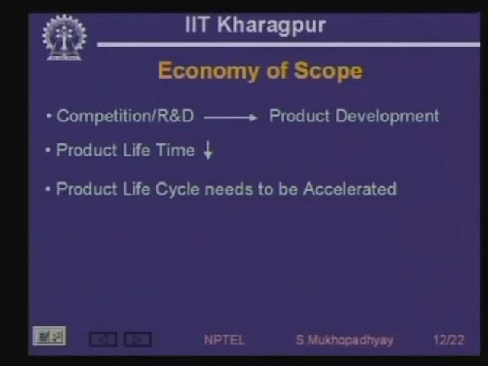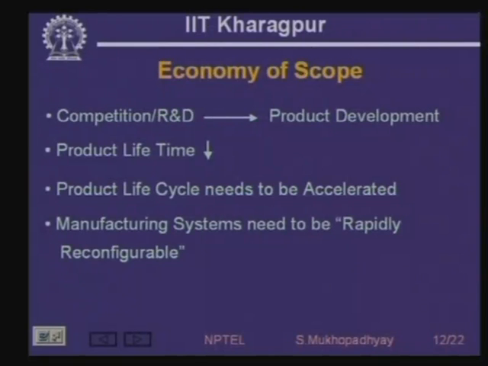What does that mean? It means that since product lifetime is less, the whole product life cycle of conception, design, process planning, installation, production, everything will have to be accelerated. How can you accelerate it? You can't make new and new designs very fast, you can't produce them fast without having manufacturing systems which are rapidly reconfigurable.